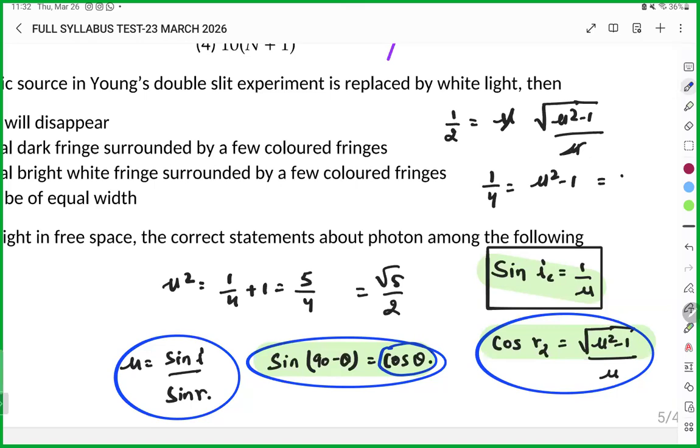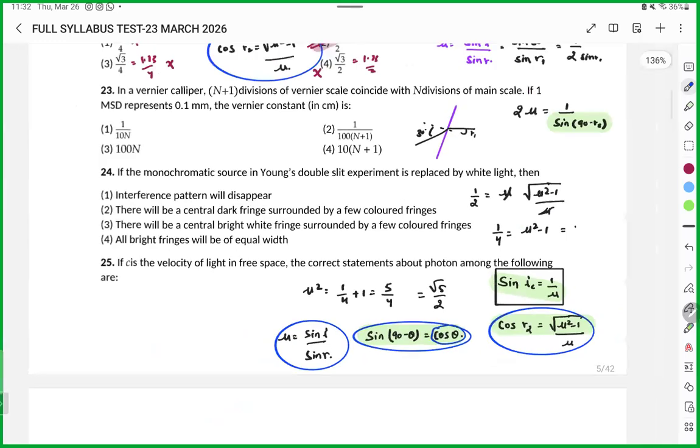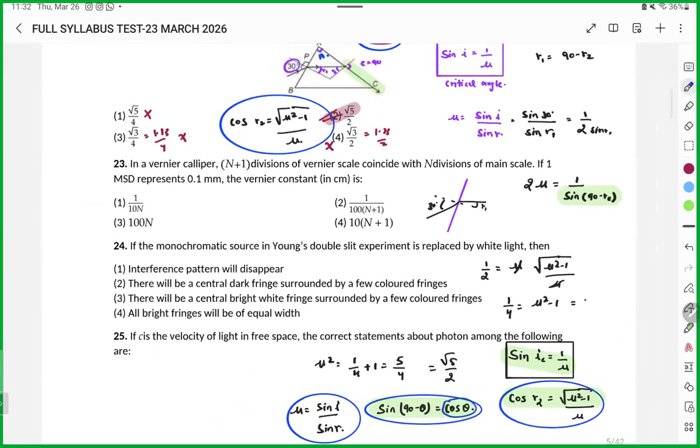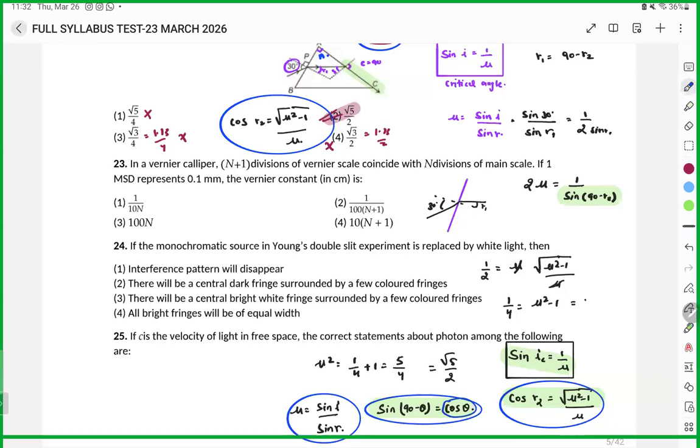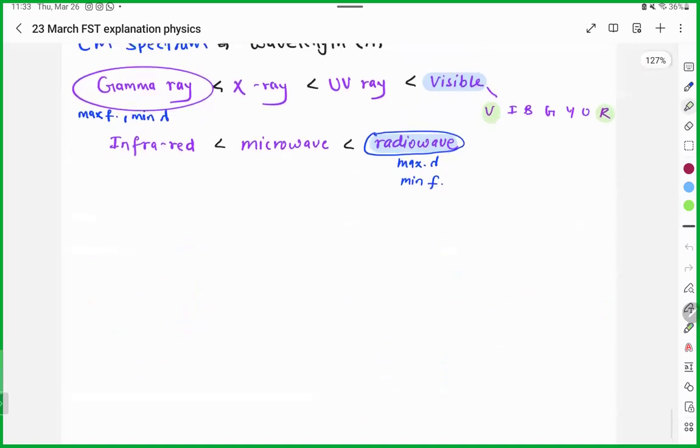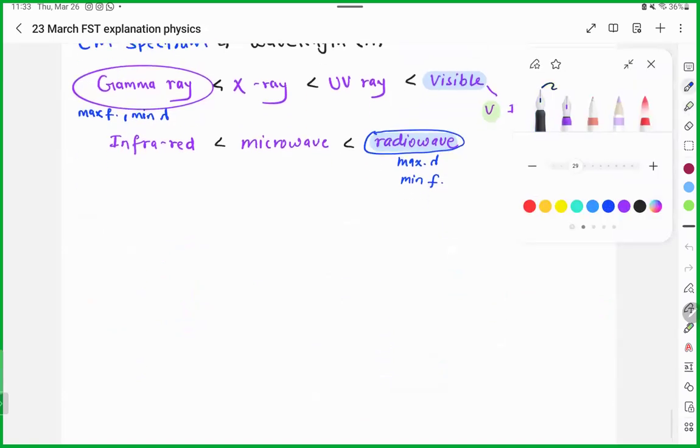Any doubt? No, no, sir. Then note down these formulas: cos R2 value is equal to under root nu square minus 1 by nu. I will add them in your notes, because right now they seem confusing, but if you read them twice they will seem very easy.